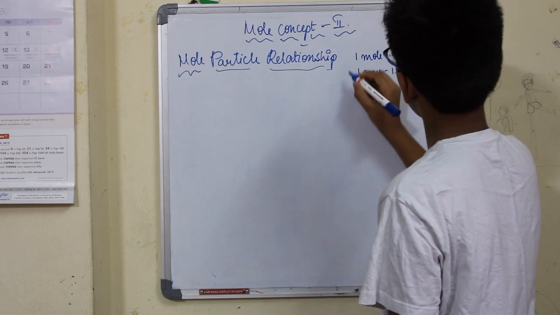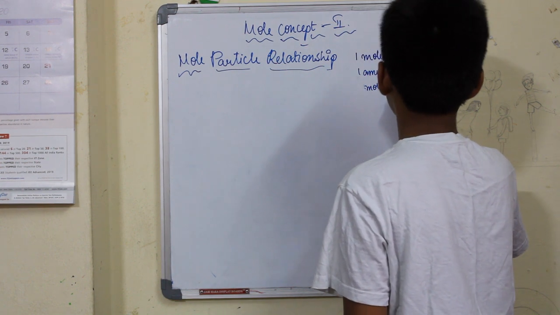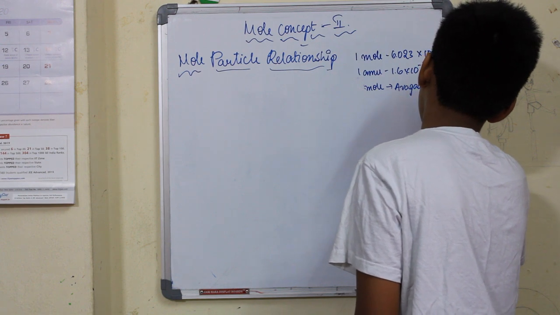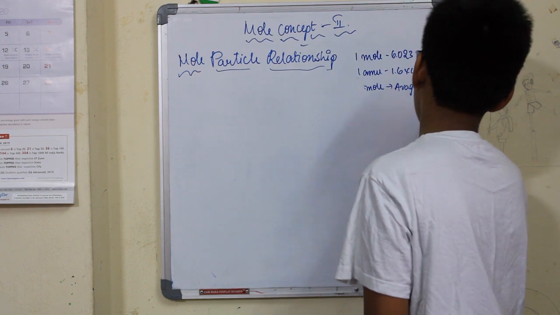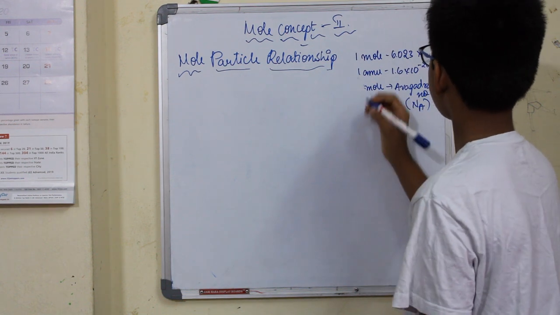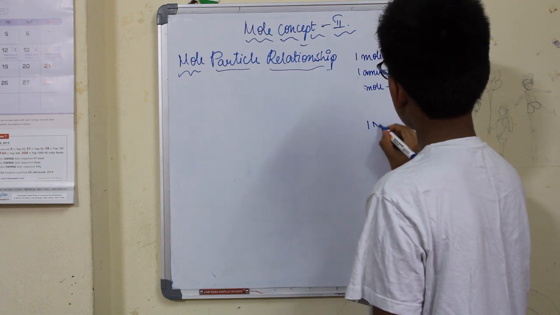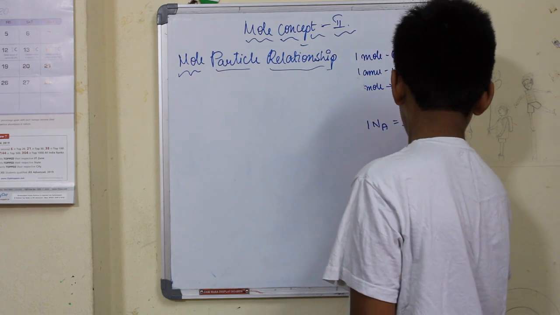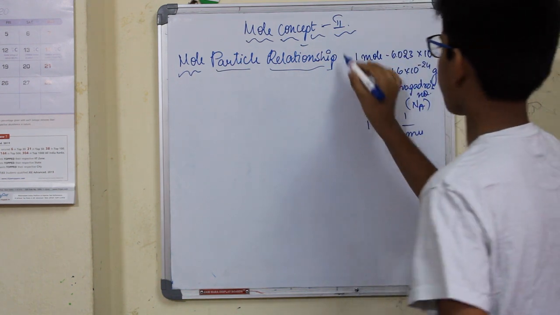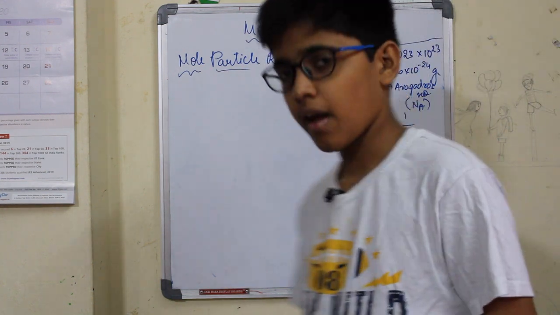What is 1 mole also called? Mole is also called Avogadro's number, or it is also represented as Na, and we also know that 1 Na is equal to 1 by AMU. Okay, these are the very fundamentals. These may be helpful in today's video.